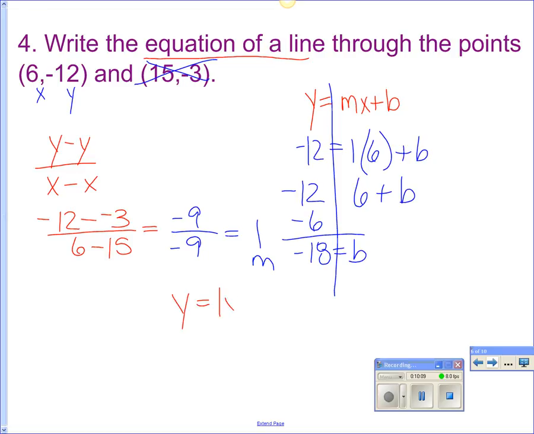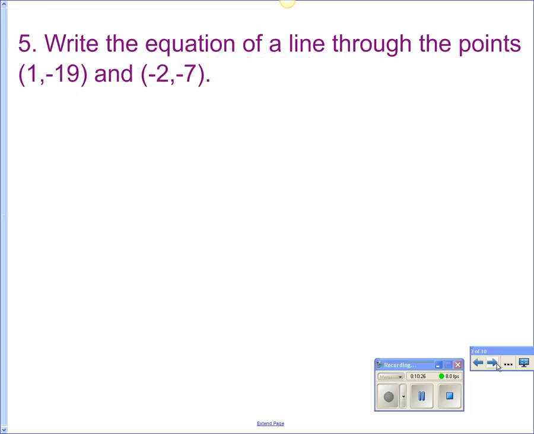Y equals 1x minus 18. So you put in your milk and your brownie. So M is 1 and B is negative 18. All right, 1x minus 18. All right, number 5, (1, -19) and (-2, -7).